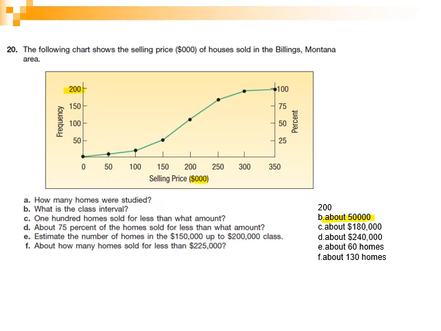Again, now 100 homes represents the frequency of homes sold for what amount. So we have 100 homes, and we take a straight line up to the curve, and then find the answer.